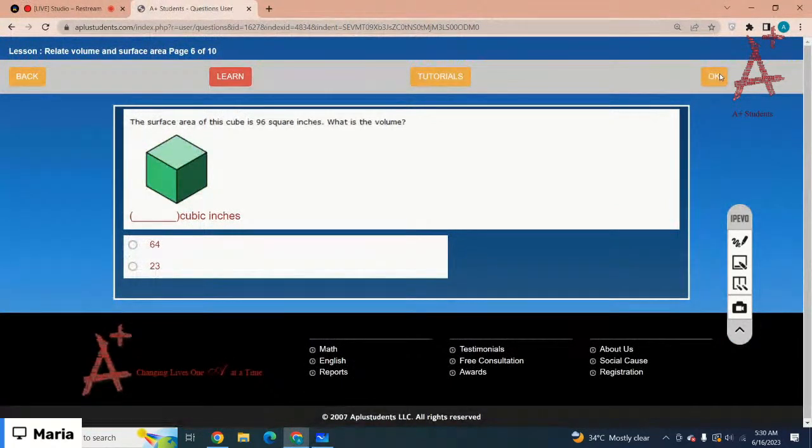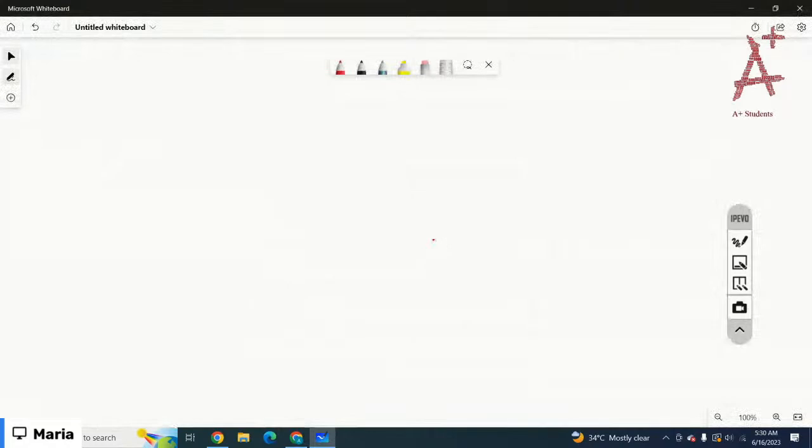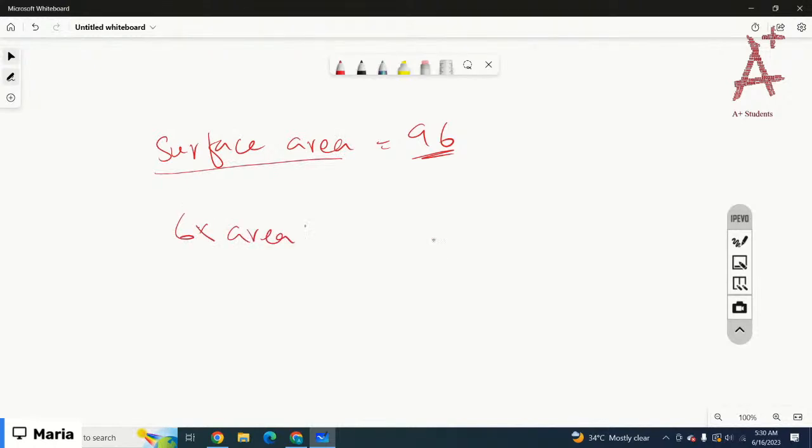Okay, the next one, you are given the surface area. Let's just do this one again. Surface area is 96. Again, the surface area is for the 6 faces. Got it? We know that surface area equals 6 times the area of one face.